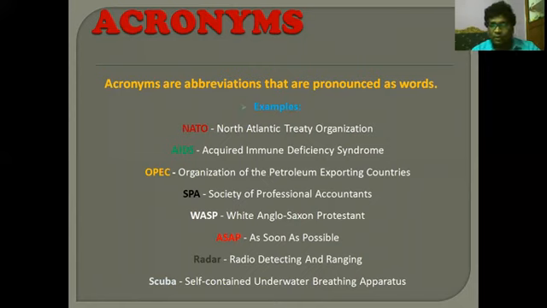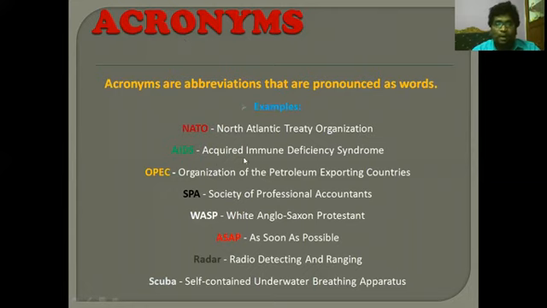Abbreviations and acronyms are formed with the initial letters of particular words. Here we have the entire phrase, North Atlantic Treaty Organization. We took all the initial letters, NATO, and put them together, and it is pronounced as a word. That's the reason we call it an acronym.